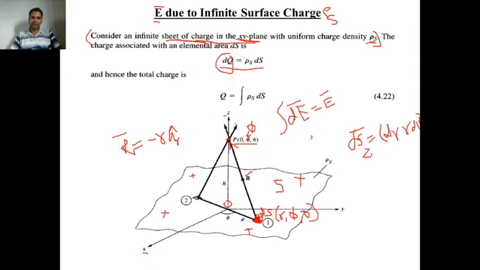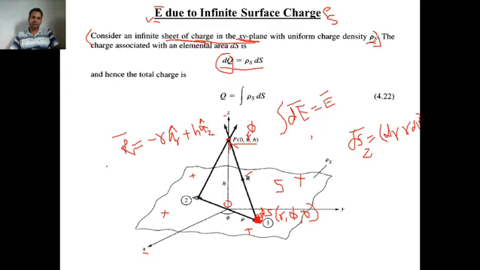The third assumption is the point where we want to find out E bar is assumed to be on the z axis whose coordinates are 0, phi, h. This is the third assumption. So based on these assumptions, r bar is 0 minus r, so minus r ar cap, phi minus phi, so 0 fi cap, and h minus 0 az cap, so plus h az cap. So minus r ar cap plus h az cap will be this r bar.